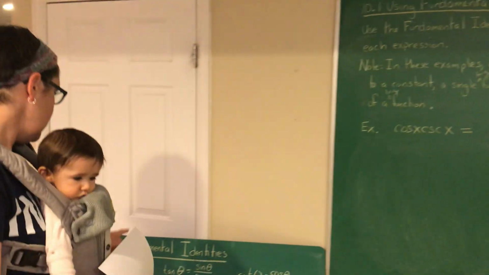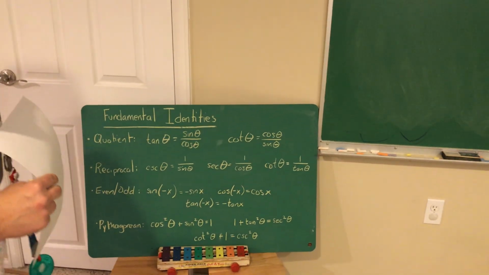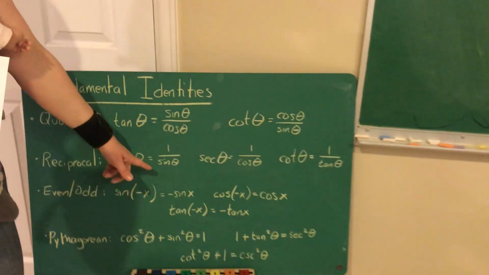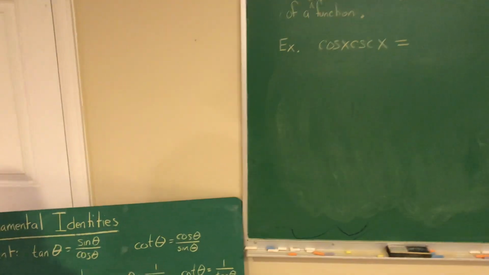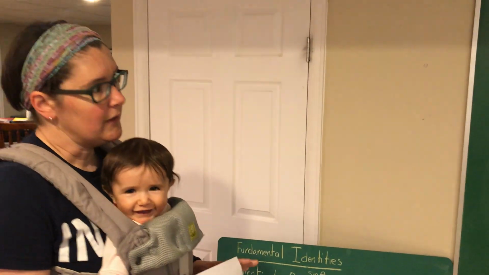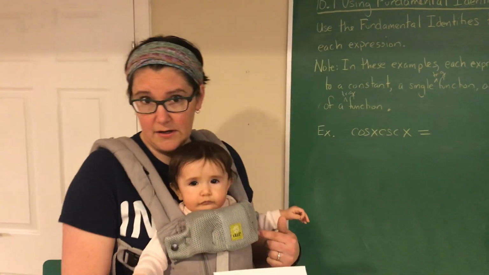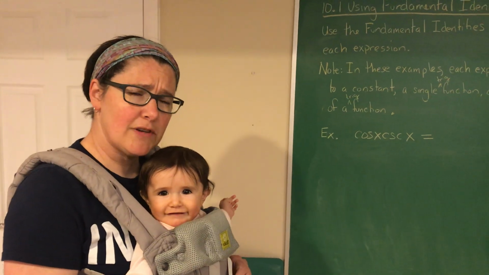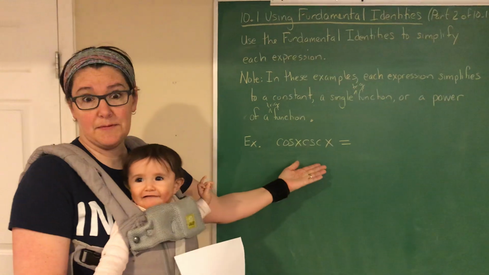Well, over here on this fundamental identities list, one thing I see is that cosecant of theta is the same as 1 over sine theta. A good rule of thumb, and this is not always true, but if you're walking down the street and you're hanging out with Ariana and you're like, I think we should simplify some trig expressions today, and you come across one like this and you say, how can I simplify this?